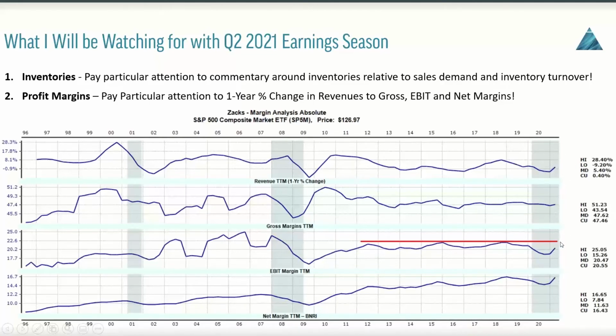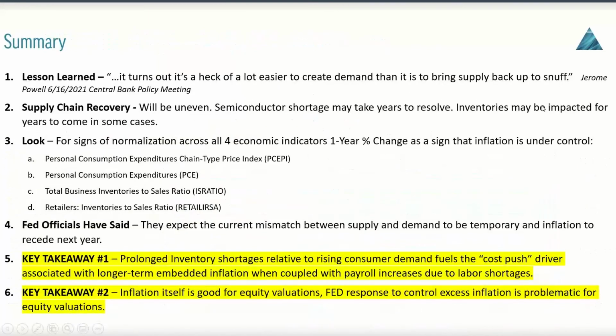But again, we've got a 2% buffer here in operating margins. If this gross margin can stay at least flat, I expect this to rise and this to perhaps set some new highs here. So we're really, really close to that already. So that's what I'm going to be looking for in Q2 2021 earnings season, and it should be interesting.